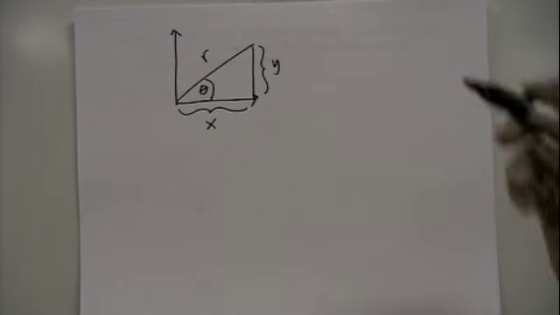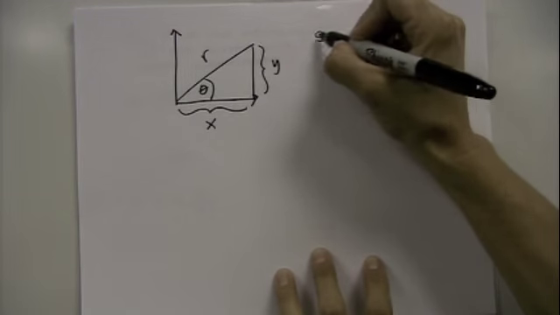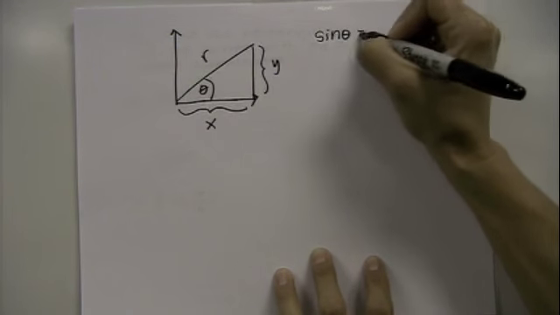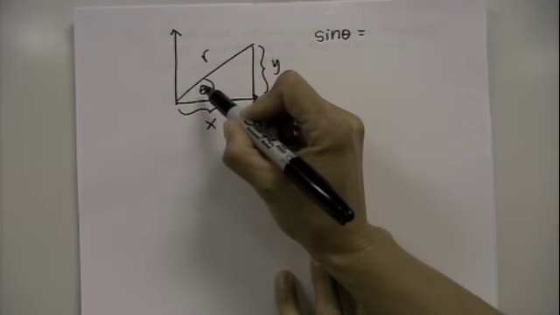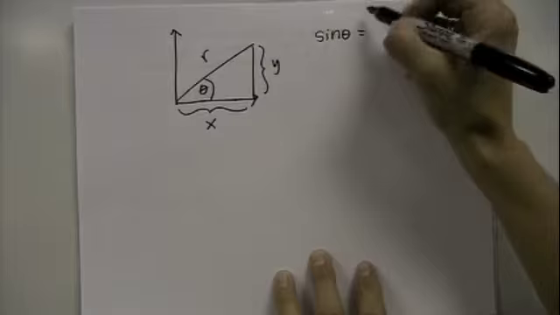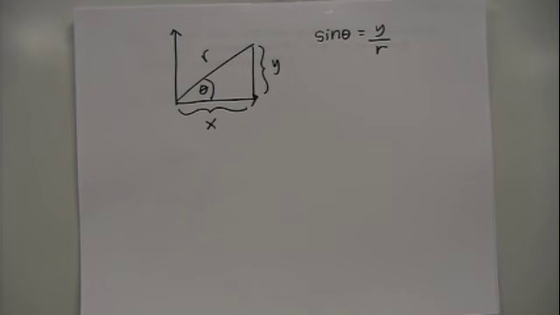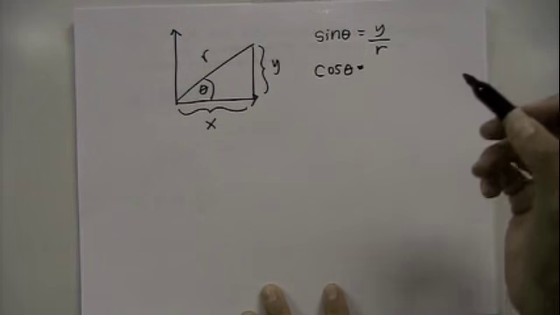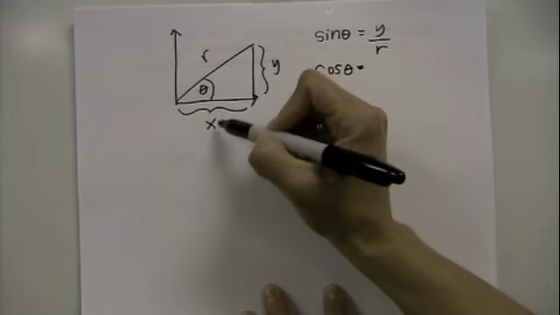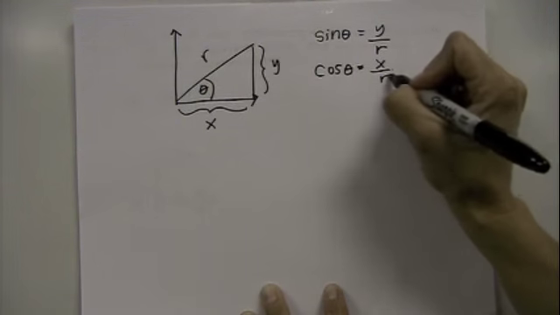If that's the case, then using your trig identities, you know that sine of theta by SOHCAHTOA is opposite over hypotenuse. So with respect to theta, opposite would be y, hypotenuse will be r. I'm going to continue with cosine of theta, which would be adjacent over hypotenuse, so my adjacent is x, my hypotenuse is r.